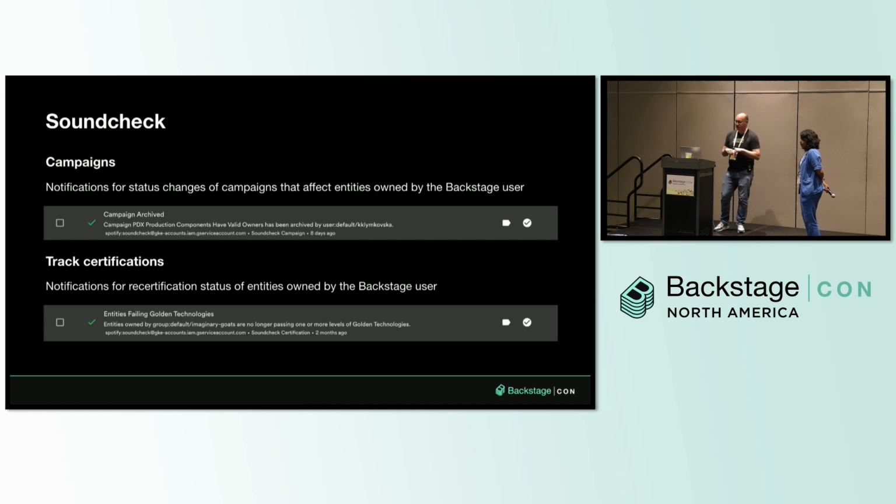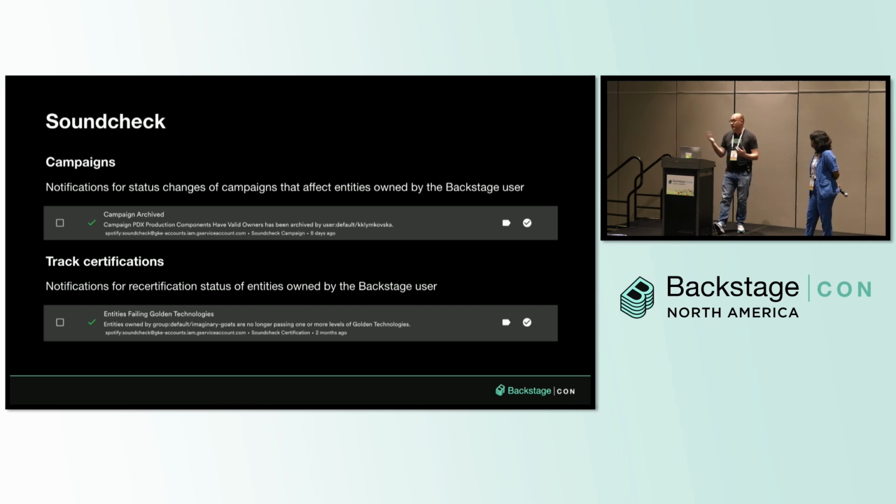Internally at Spotify, we've taken advantage of notifications to help us keep track of campaigns we've set up to migrate to new things like new versions of Java. And so that's another case where we're meeting our engineers where they are, instead of making them be in Backstage all the time. When things go bump in the night with their Soundcheck scorecarding, they'll get their notifications in Slack, sort of driving them forward.